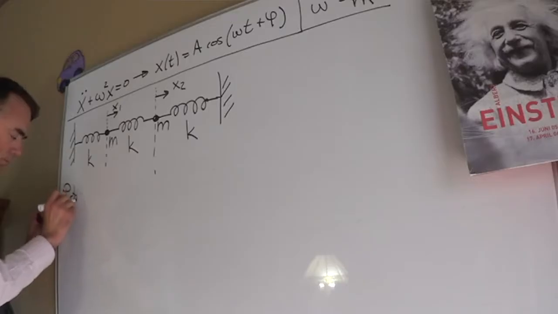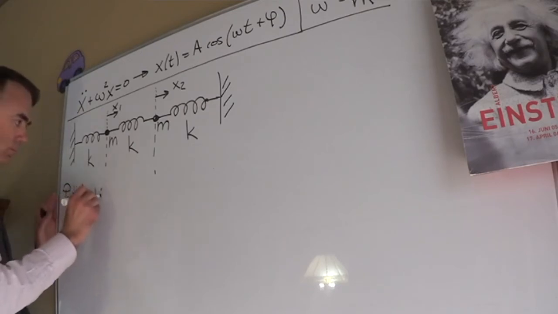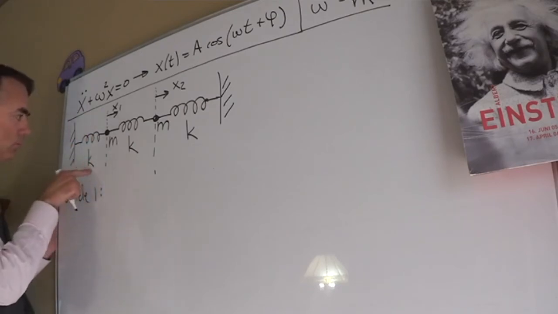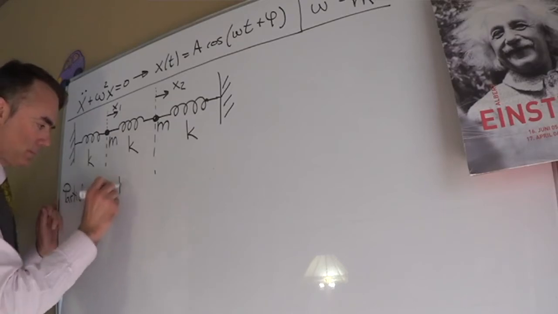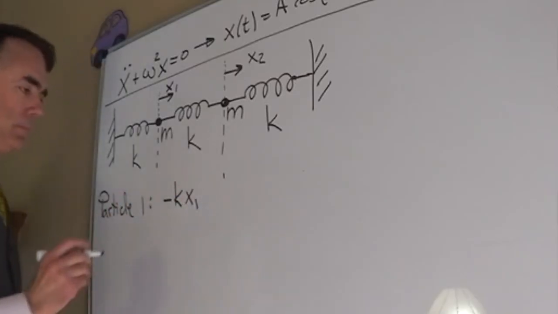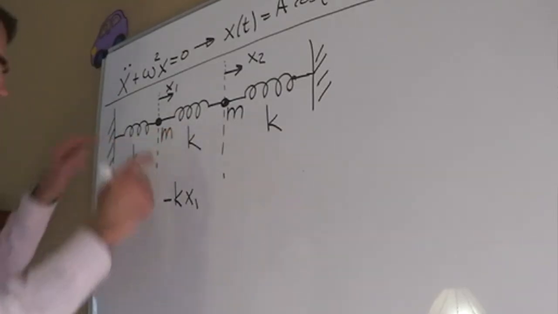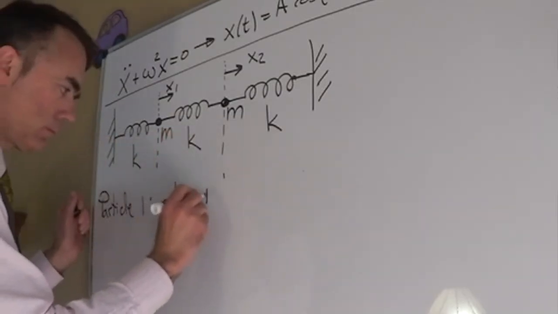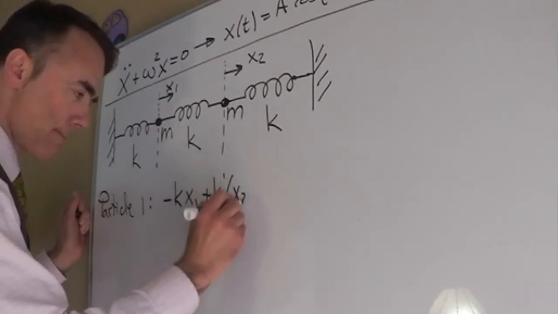The forces acting on particle 1 are from spring 1 and from spring 2, and the forces acting on particle 2 are from spring 2 and spring 3. The force of spring 1 on particle 1 is minus k x1. The force of spring 2 on particle 1 will point in the opposite direction as the previous one, and is k times the elongation of spring 2.